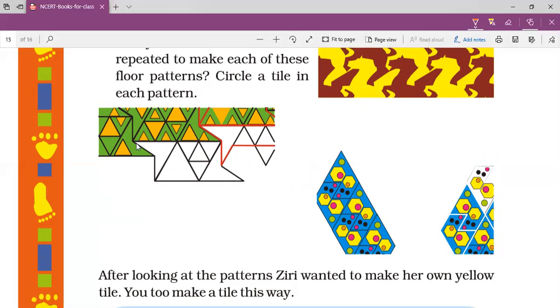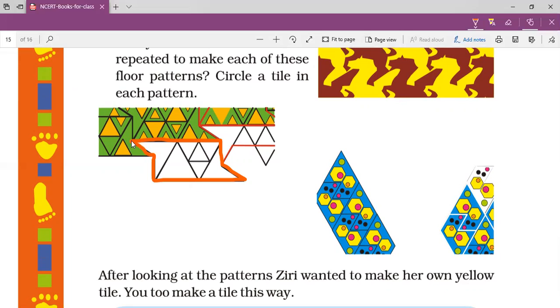As I see, I feel that this is the pattern. Yes, this will be one tile.